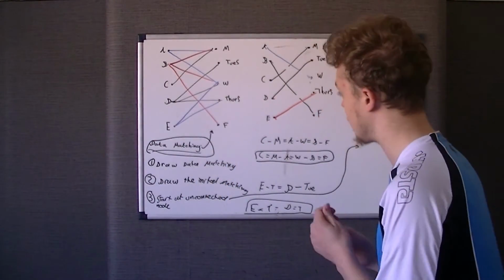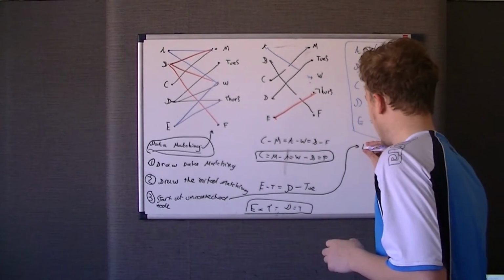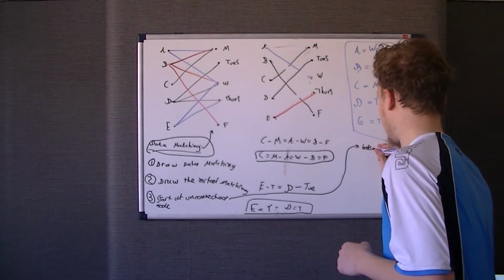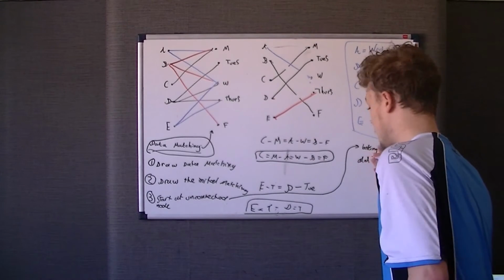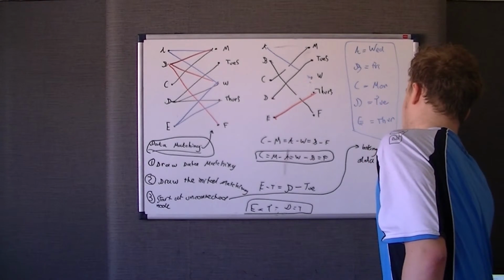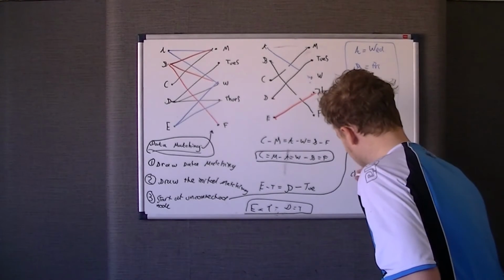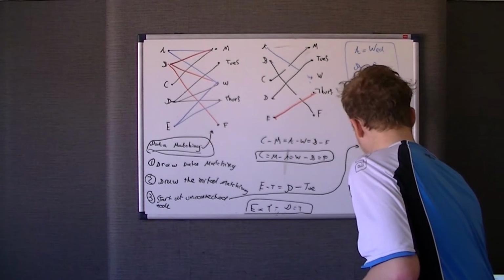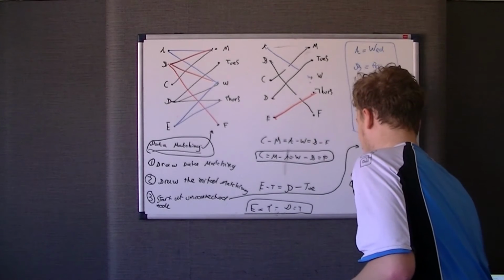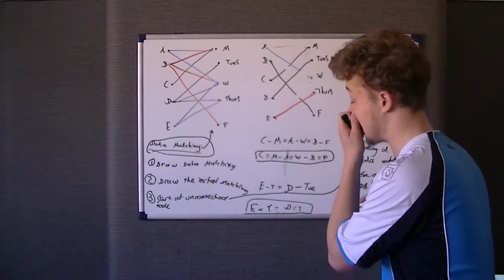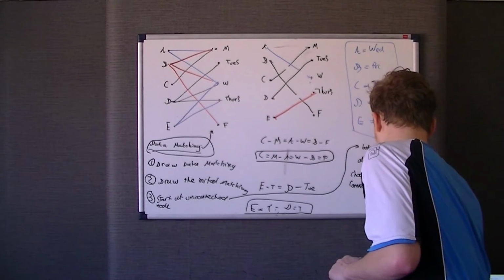You would start at an unconnected node, and then look at the data matching and choose a node to connect with. And this node, remember, has to be already chosen in the initial matching.